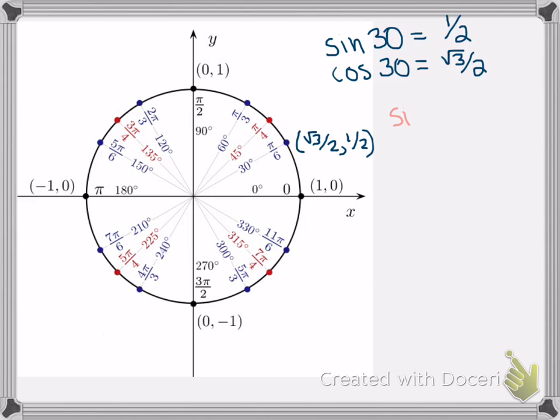Now the sine of 45 equals root 2 over 2, and the cosine of 45 equals root 2 over 2. So that means this point right here is root 2 over 2, root 2 over 2.